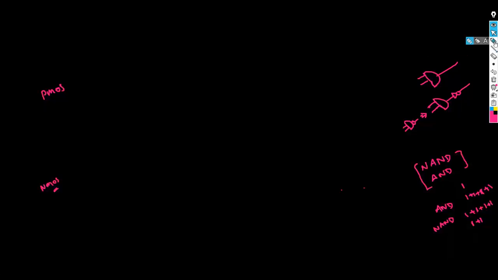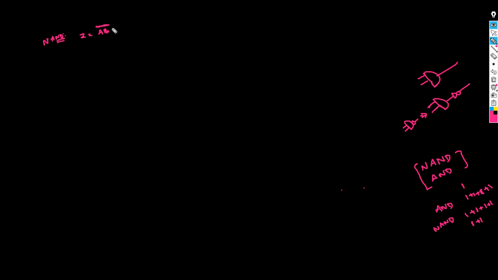So what is the Boolean equation of a NAND gate? A dot B whole bar. Okay, so Z equal to (AB) whole bar. Now remember the way I used to tell people how I draw the circuit.